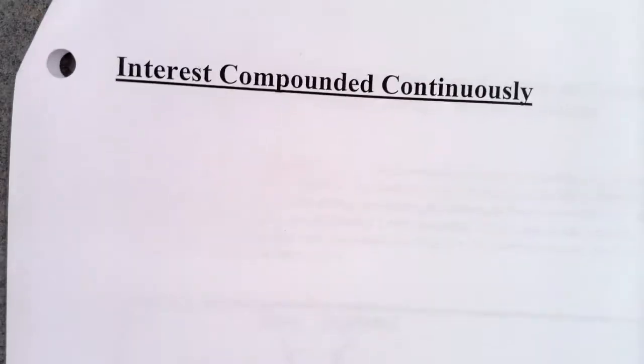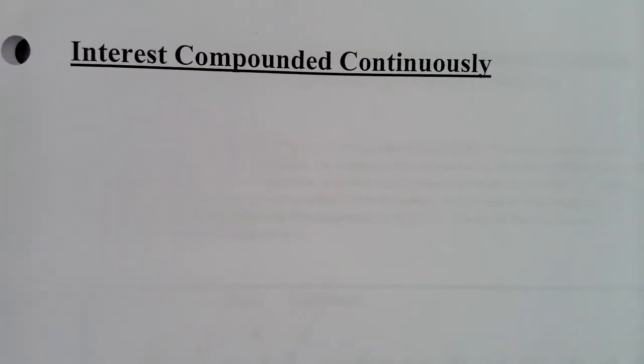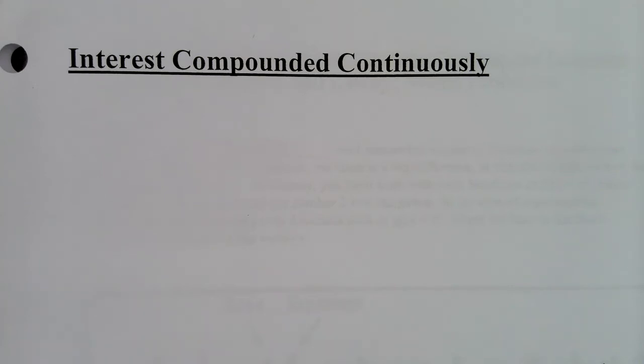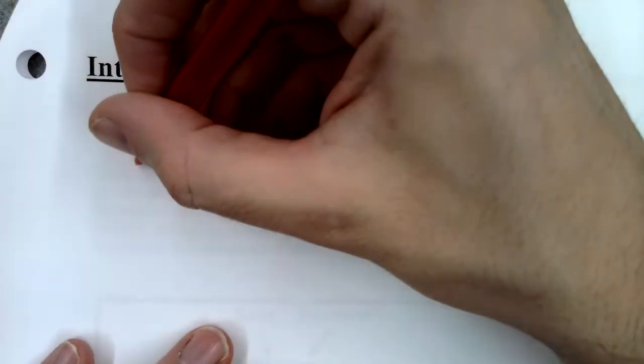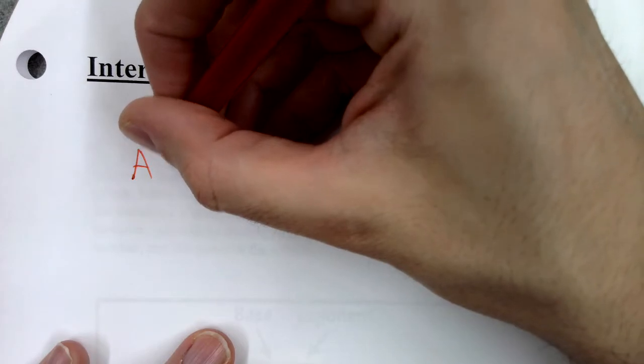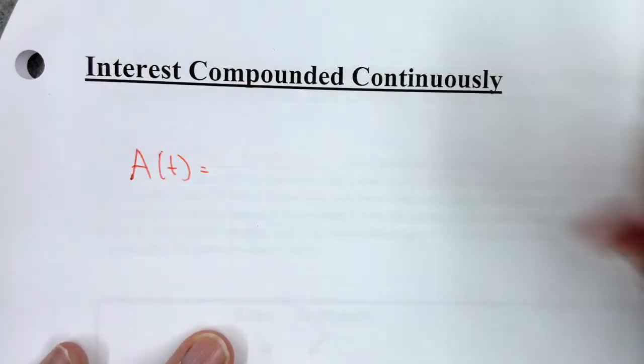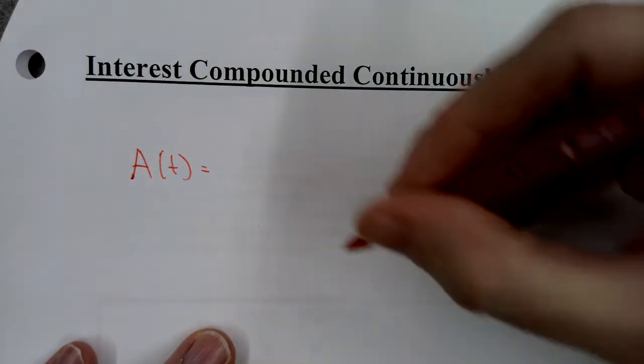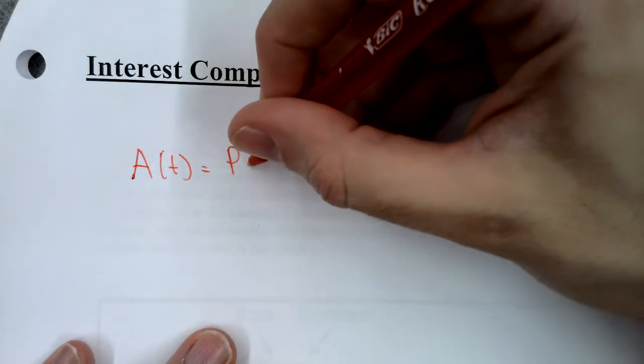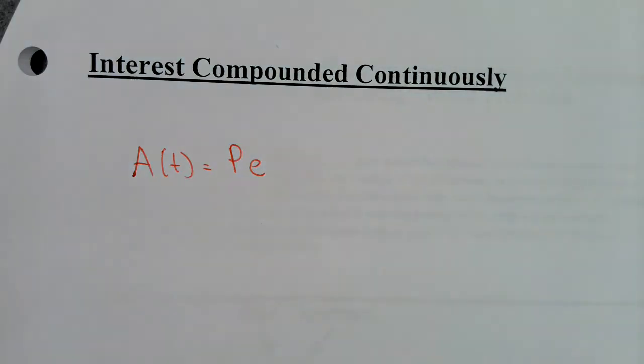Okay, one more type of problem. Interest compounded continuously. Okay, so here's our formula for that. It's going to be the following. A of t is going to equal P times E. I'll get to that in a minute.